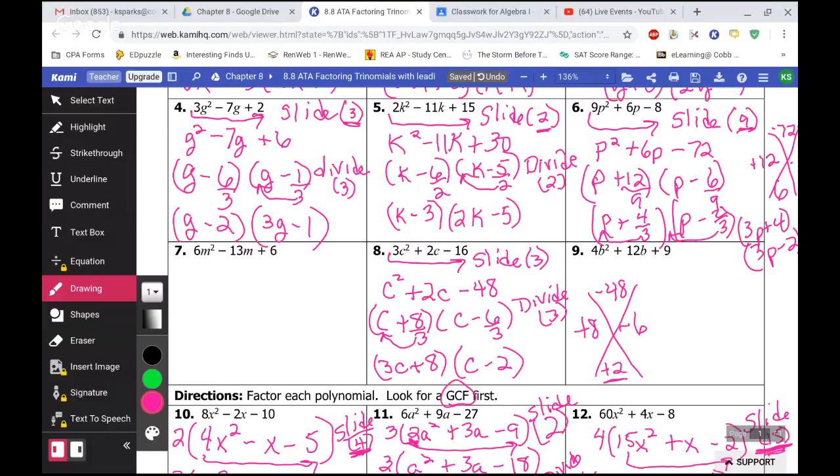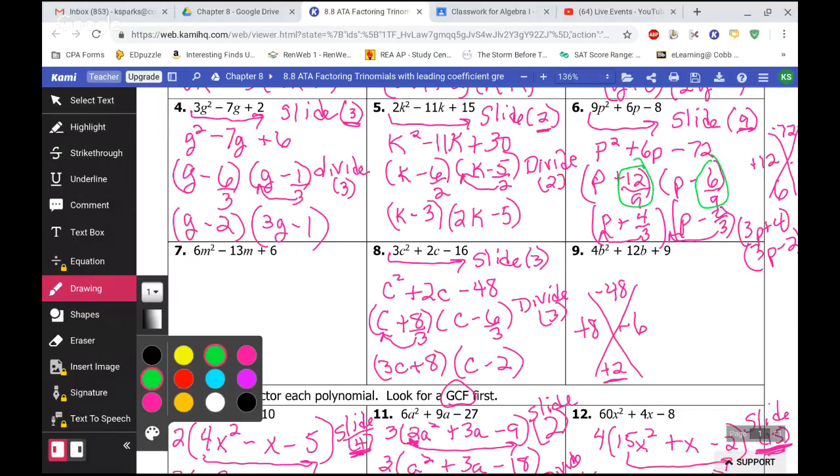Like on number 6, you've got 12 divided by 9. That's reducible to 4/3, and 6 divided by 9 is reducible to 2/3. But it still doesn't come out to be a perfect integer.